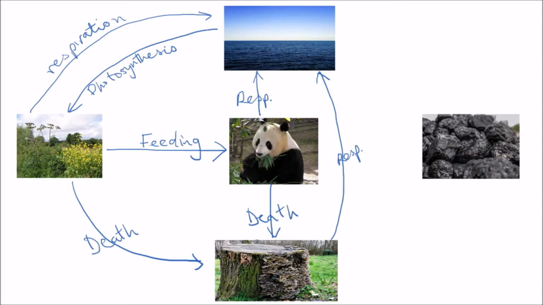But eventually all of these dead organisms, whether they used to be plants or animals, given lots of time, lots of pressure and lots of high temperature, will become fossil fuels. So here I'm going to write lots of time, heat and pressure. They will all become fossil fuels, and this takes millions and millions of years, of course.